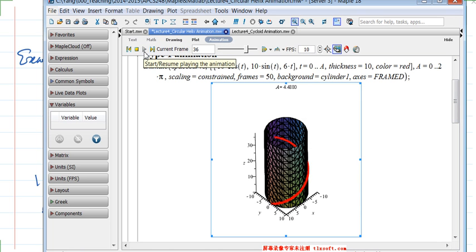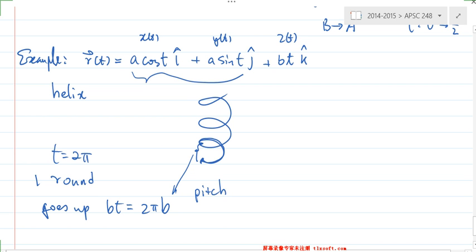Now for the spiral motion, you should also be careful, just like what we just did with the circle. A different way of writing the parametric equation gives a different speed. Here I'm putting cosine and sine, and for the circle we did, I also put cosine and sine.